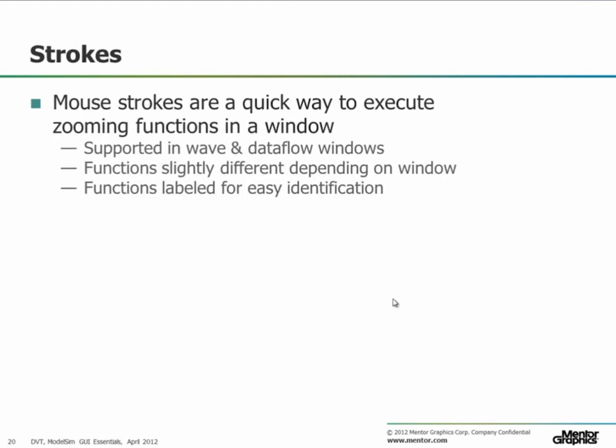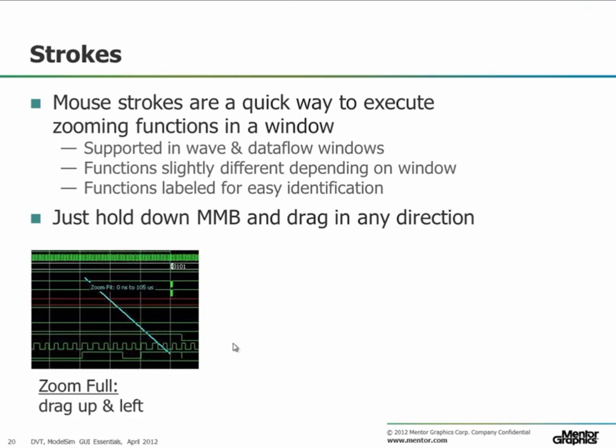Mouse strokes. Especially in the wave window and the data flow window, these can be really useful. So if I have the wave window open, I can zoom full by, let's see, I think it's the middle mouse button, and then drag from the bottom right corner towards the upper left corner.